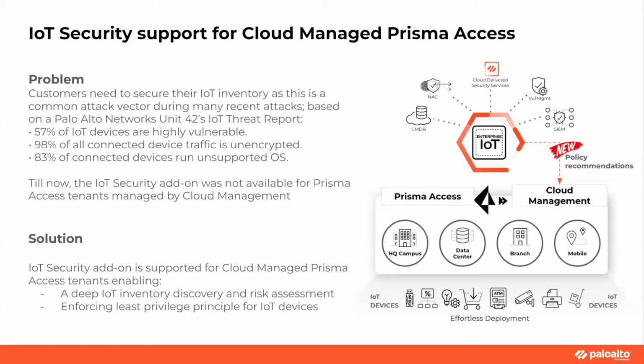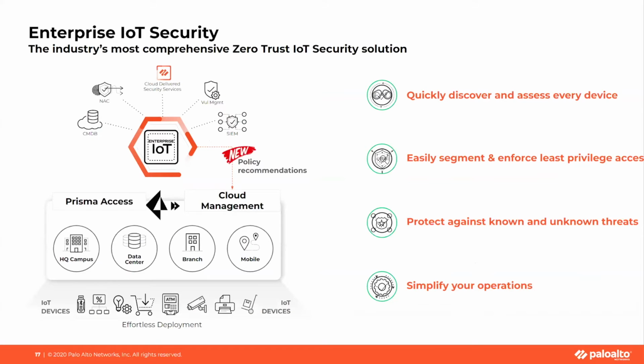Now, in this release, we're enabling IoT security add-on support for cloud-managed Prisma Access tenants, so that you can have IoT discovery and risk assessments, enforcing the same ZTNA policies and principles for IoT devices. So we're bringing that capability to cloud management, which is in your Strata Cloud Manager. It is the same add-on license, and we basically provide the cloud management support for that.